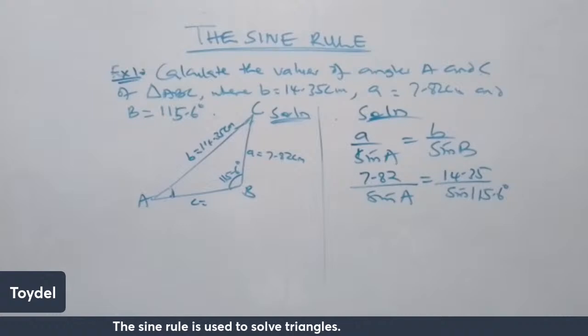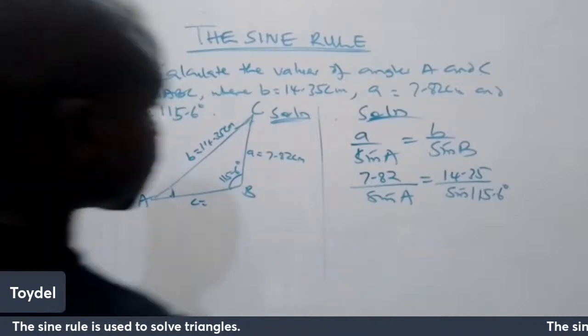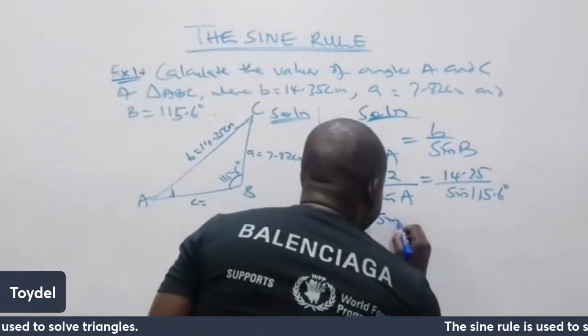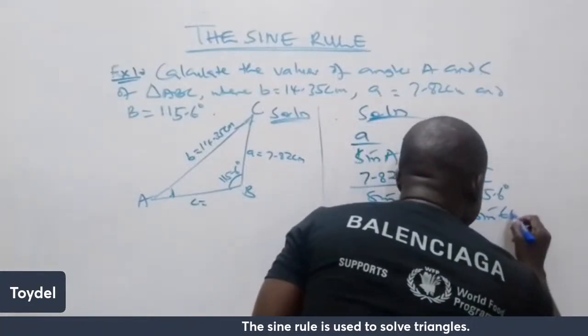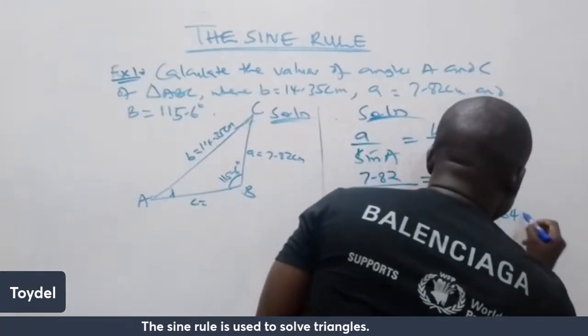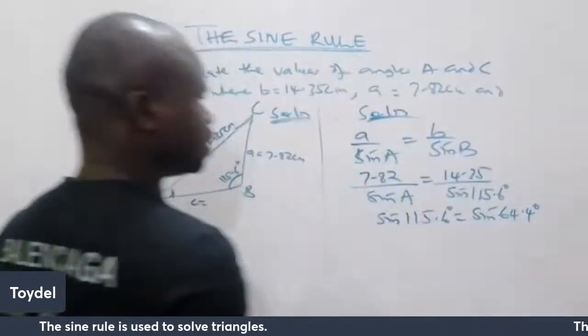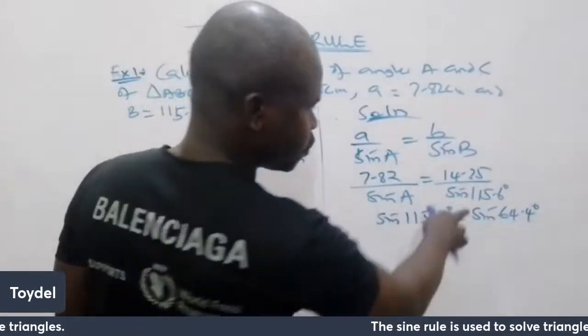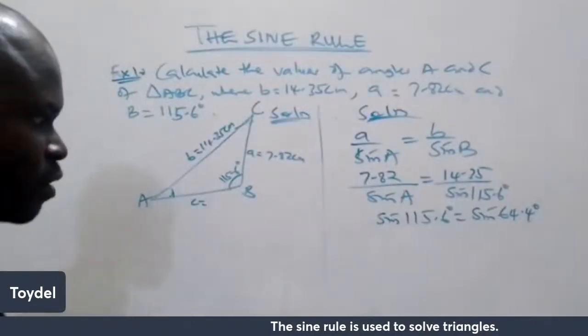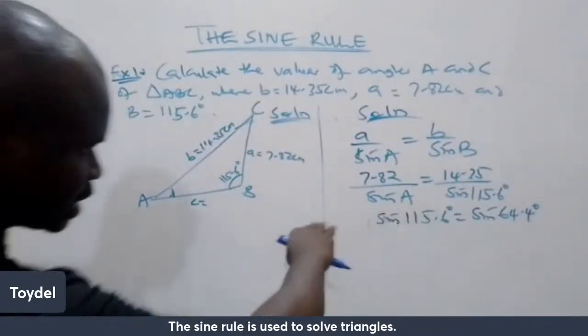That's going to give us around 64.4. So what we're trying to say is that sine 115.6 degrees is the same thing as sine 64.4 degrees, because we can't get this 115.6 in the four-figure table, but we can actually get it inside the calculator. So just know that this is the same thing.